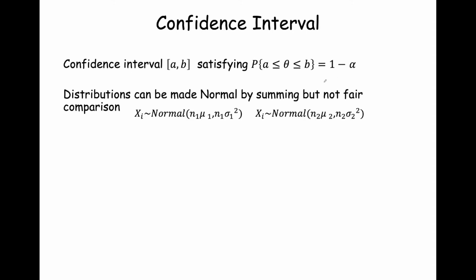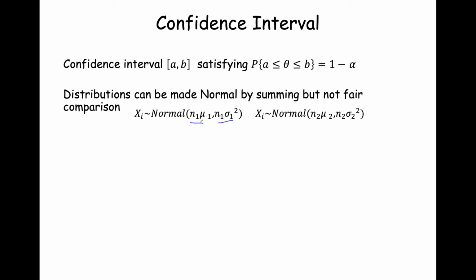Okay, so a distribution we know can be made normal by computing a statistic, but that statistic has to involve a sum. So we can make any distribution normal by summing. But it's not a fair comparison because they can have different means and different variances.